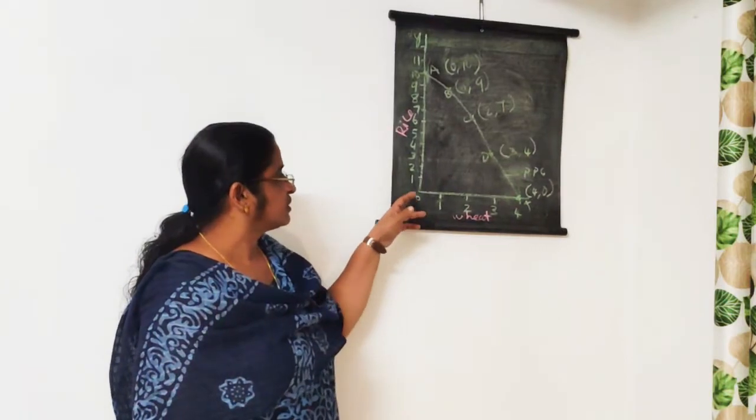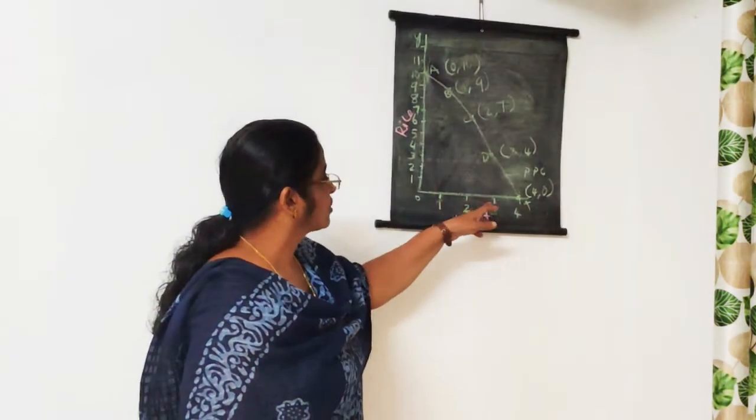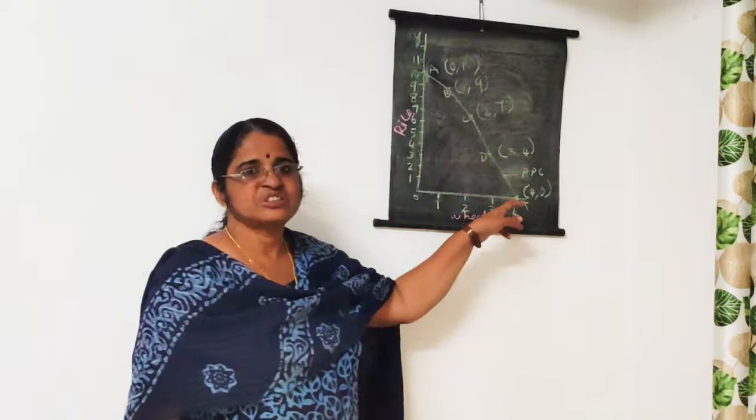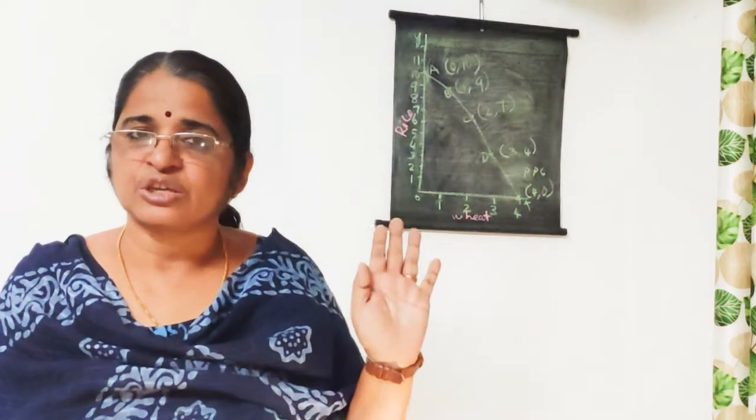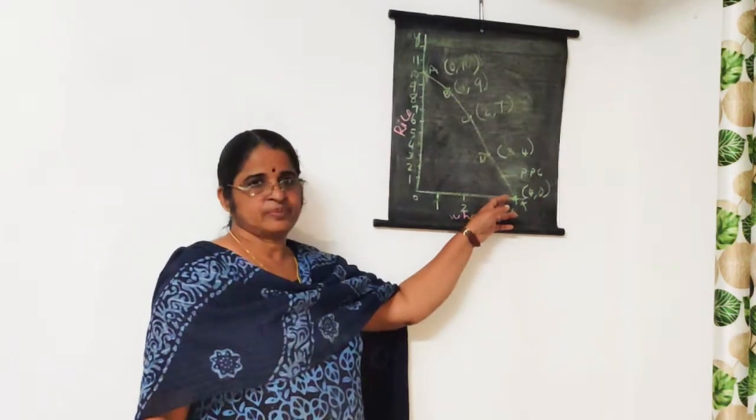And the last possibility is possibility E, which gives us 4 units of wheat and 0 units of rice. We get only wheat at that possibility.